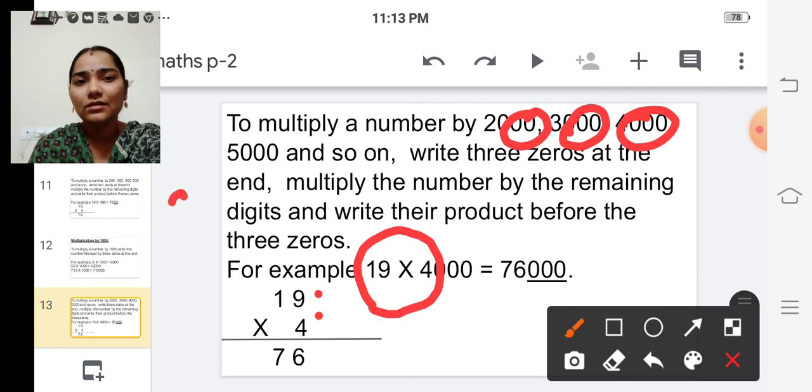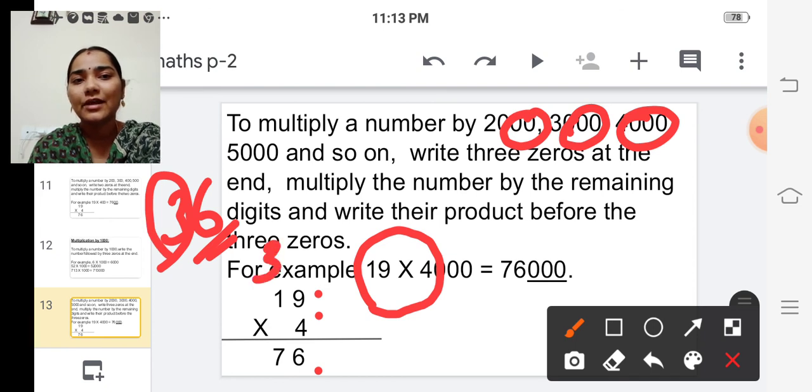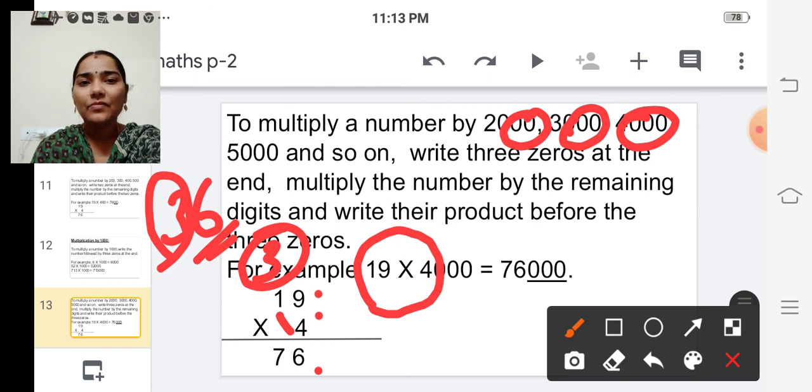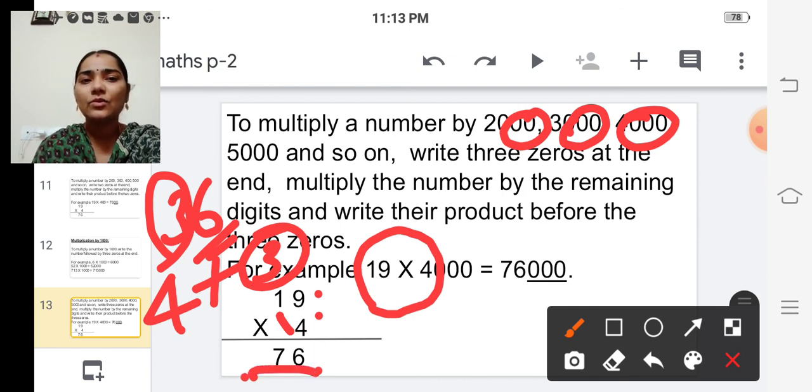So write the 6 here and carry over this 3 to the next place. So in the next step, multiply 1 into 4. 1 four is 4 and we have to add this carried over number. So 4 plus 3 is 7. So the answer is 76.